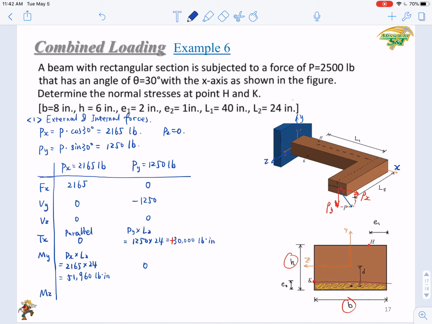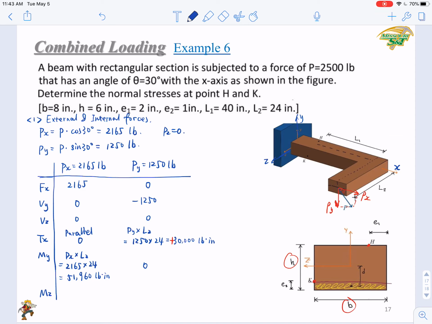Even though we do not have Vz, right, but the Px or Py are possible to induce some bending moment about z direction. Right? We need to examine this. So which one will make Mz? Px or Py?